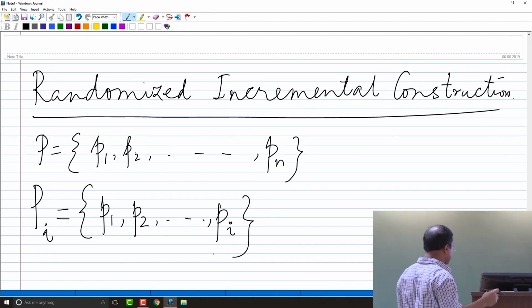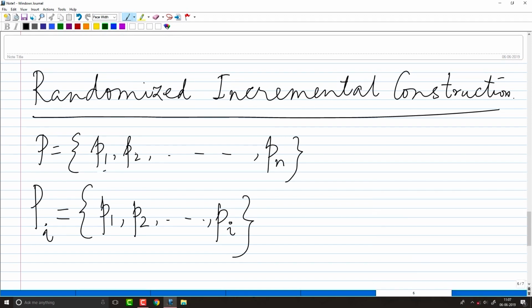So, what I do is I start with these 2 points, keeping them on the boundary, diametrically opposite, form a circle, right. Take the next point. Now, the inclusion test of a point inside a circle is constant, right. I just see the distance from the center and I can figure this out.